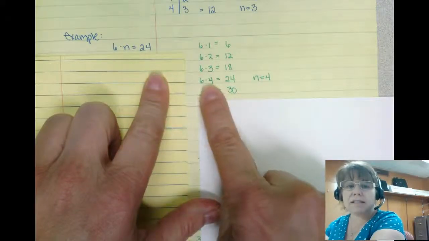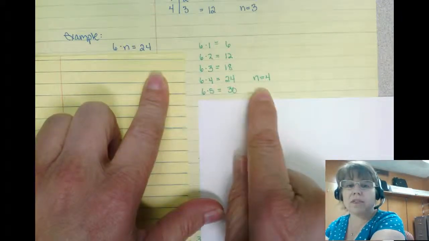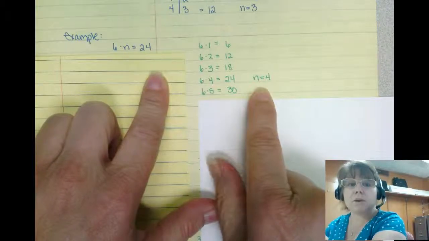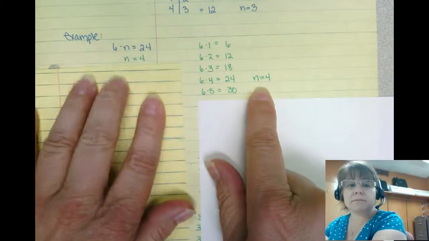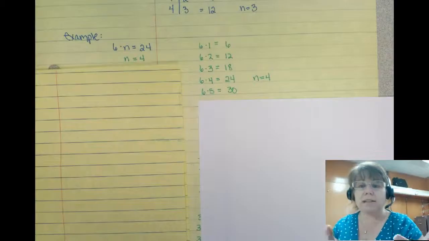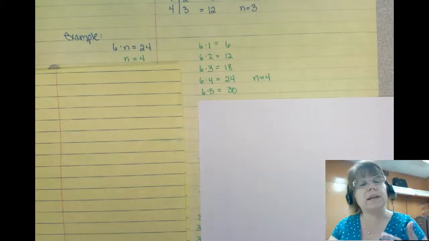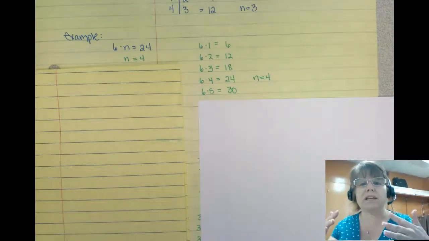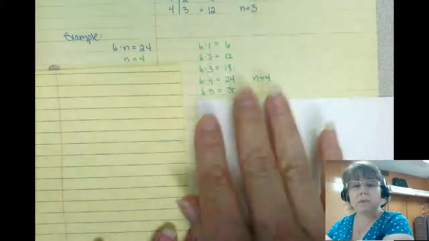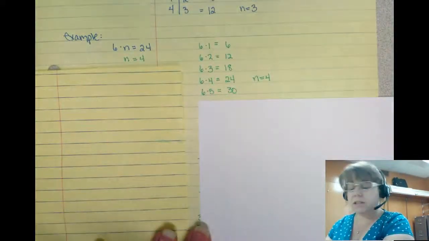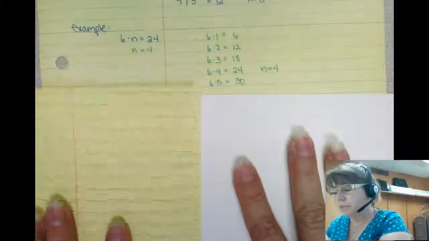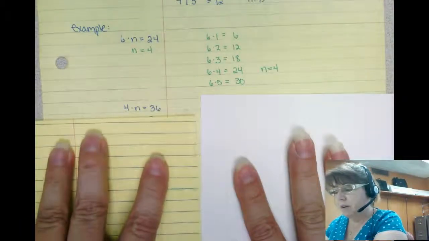And it looks like 6 times 4 equals 24. Therefore, n must equal 4. Now later on we will have a process on how to solve these, but right now we're just going to think about that logically, write out some numbers off to the side and see what our solution is going to be.